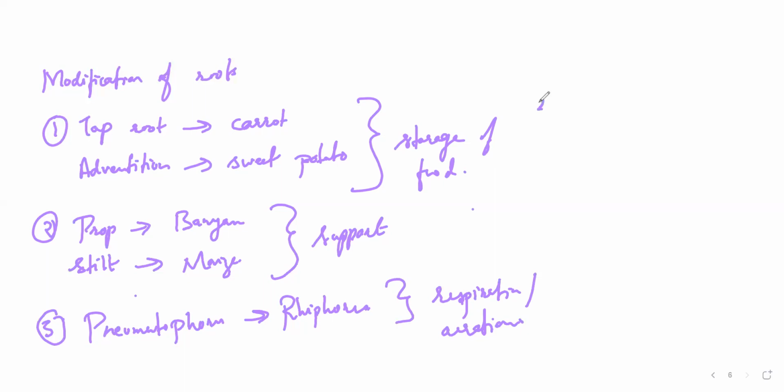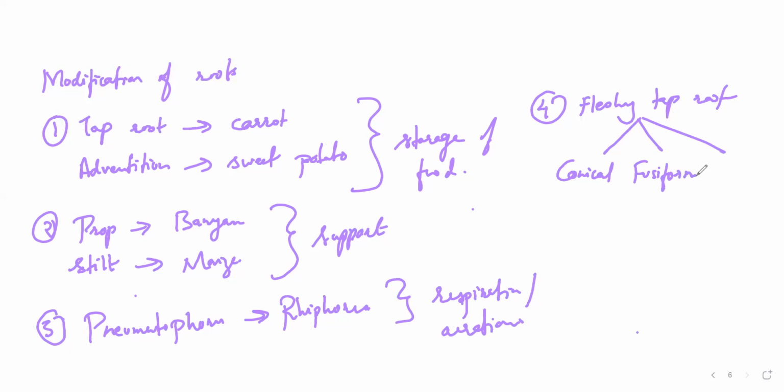And the fourth type is fleshy taproot. Under this fleshy taproot, we have three forms: conical, fusiform, and napiform. Conical is basically the carrot. Then the next one is fusiform.